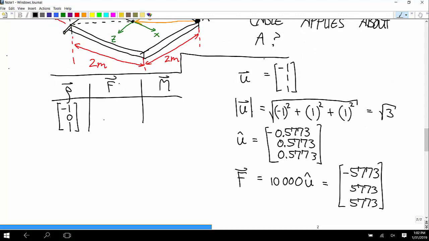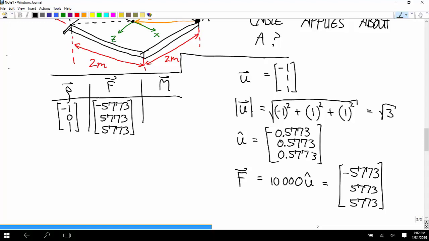And now I can put that in the column for the force. So negative 5773, 5773, 5773. Any questions about that?